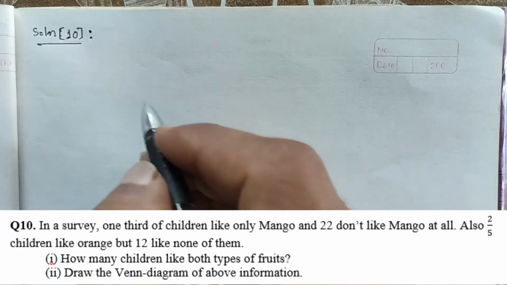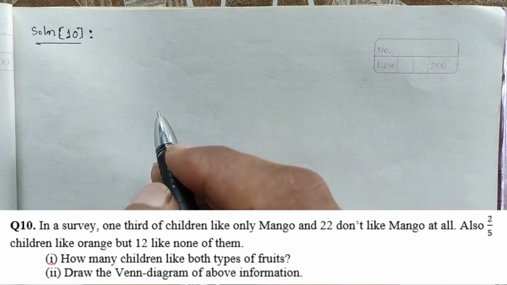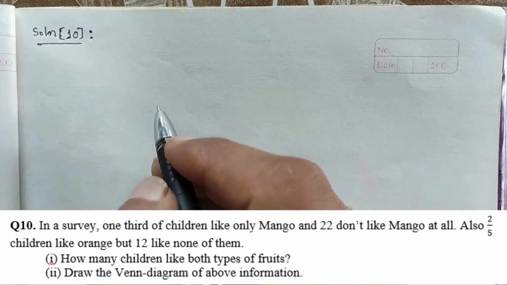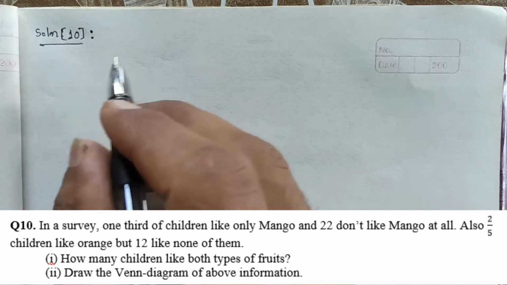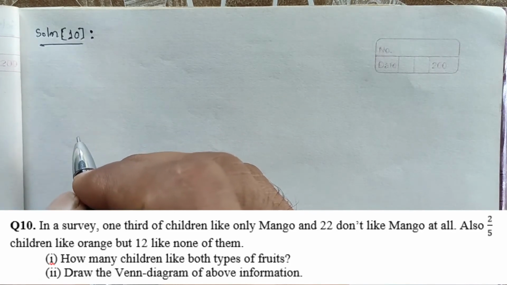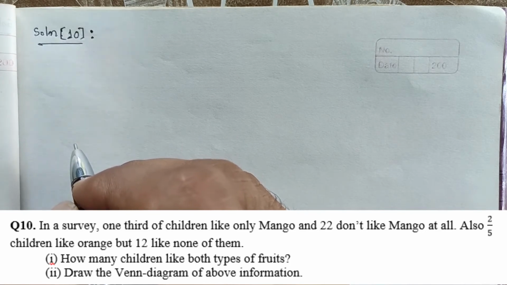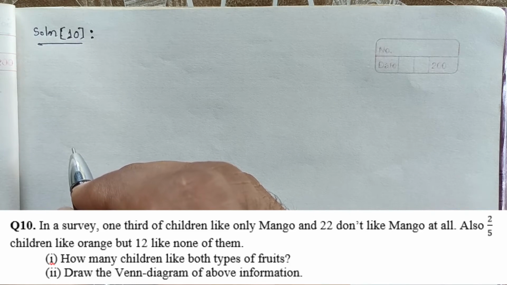Most of my students say, sir, please do this question, so I have done it here. So let's start the question, and before solving it I will explain it to you. While I am explaining, you have to read the question. So I will read it.